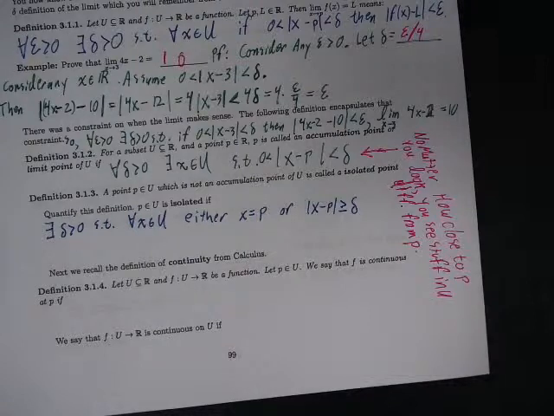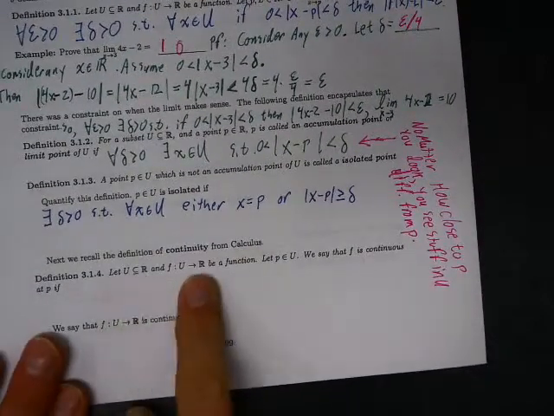That was like if you take an x value close to P, then f of x should be close to L. The only difference is L is now f of P. So here's the definition. Let U be a subset of R, and f be a function.